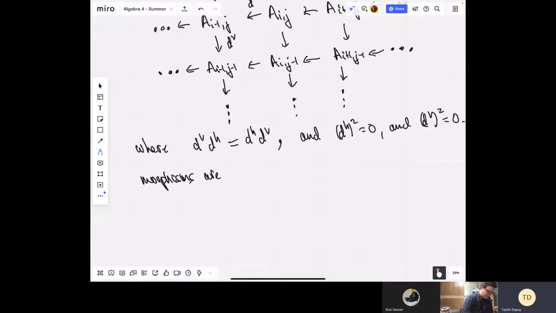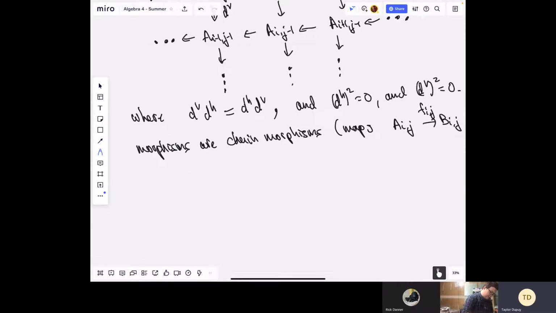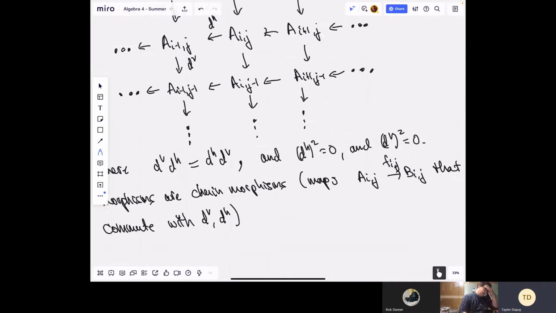The morphisms are going to be our chain morphisms. These are going to be maps A_ij to B_ij, let's call this f_ij, that commute with the d's, with d_V and d_H.